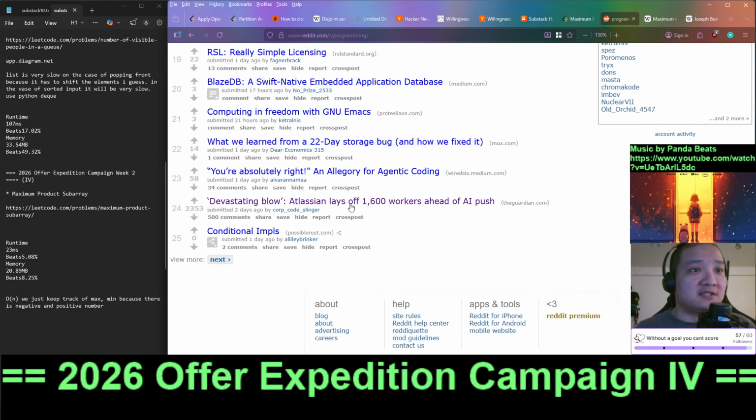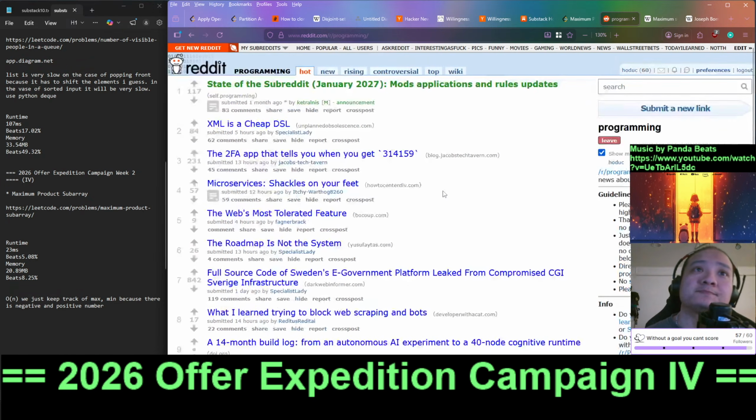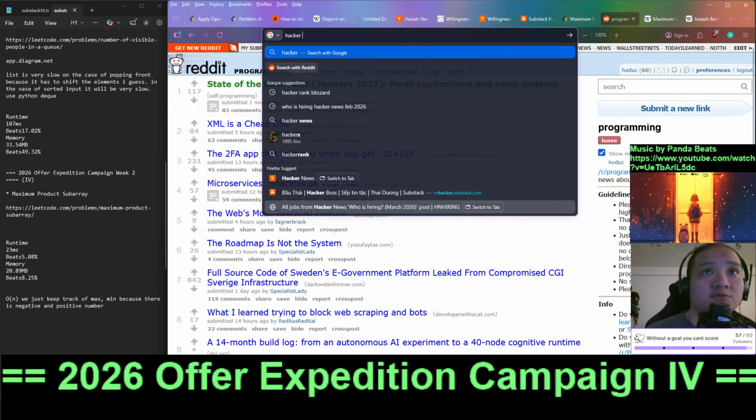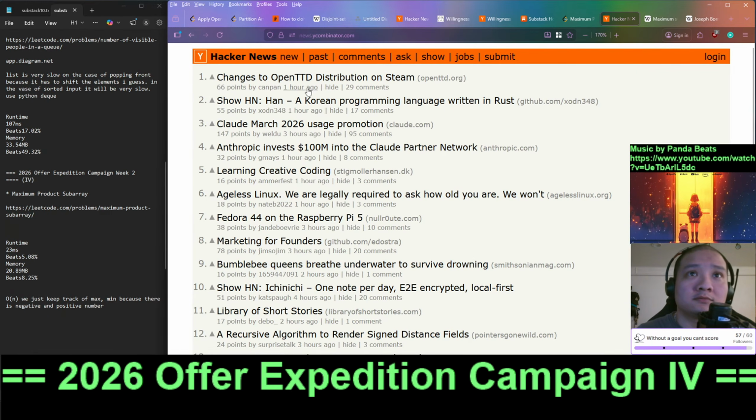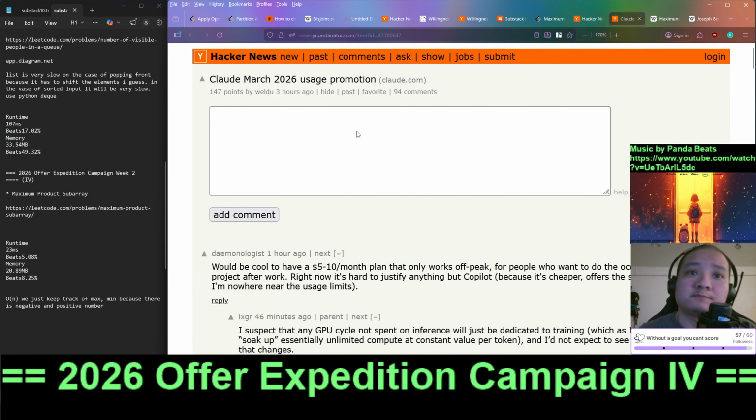And also Meta was saying that they're gonna lay off 20% or something like that. That's crazy. Alright, let me check Hacker News here. What is this?